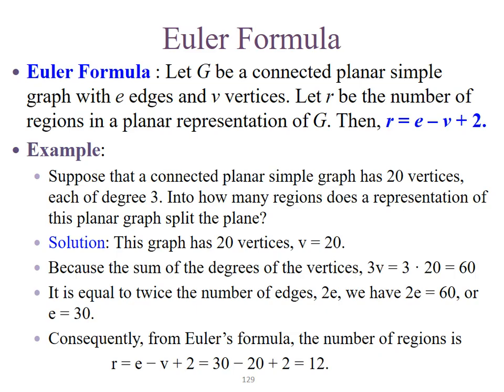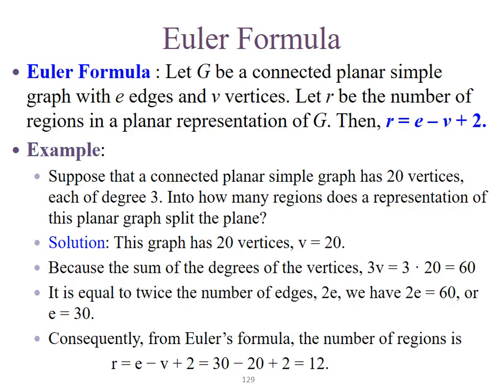Let's see. We have a connected simple graph, and each vertex is of degree 3. How many regions does the planar representation have? Okay, so we can apply Euler's formula directly. We have 20 vertices, so V is 20. And each vertex is degree 3. So we can apply the handshaking theorem.